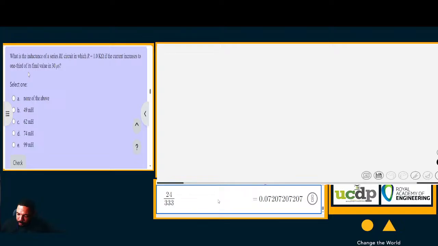So we know that the time constant, this is problem number 7 by the way, is equal to the inductance divided by the resistor. We saw this formula earlier.